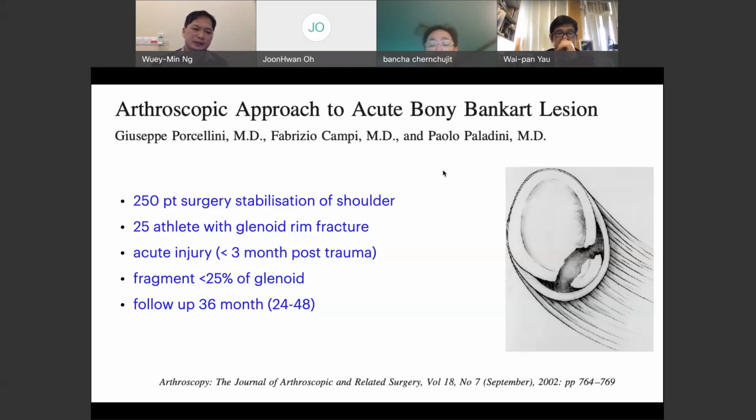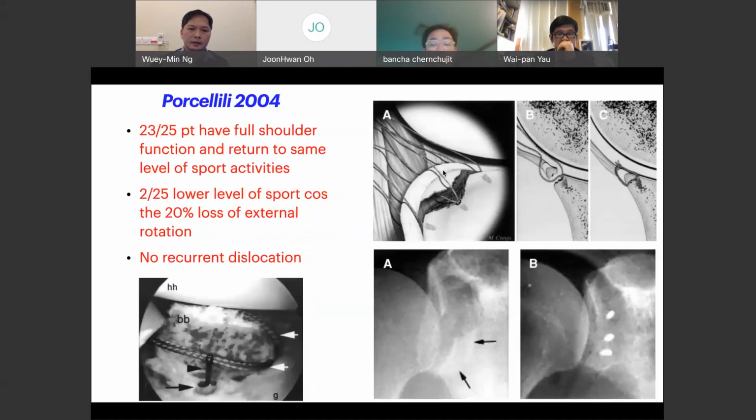Most of the fragments were still less than 25% of the glenoid bone loss. 23 out of 25 patients had full shoulder function and returned to the same level of sport activity. Only 2 patients didn't go back to the same level because they had some limitation in external rotation. There was no recurrent dislocation in this group, using arthroscopic suture anchor repair.